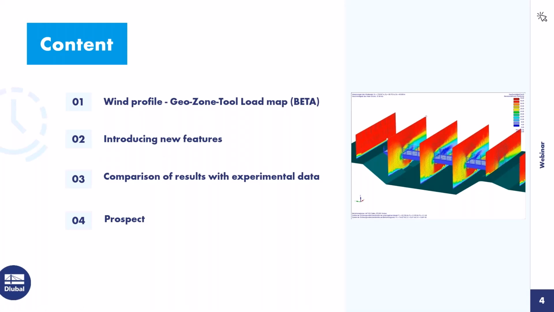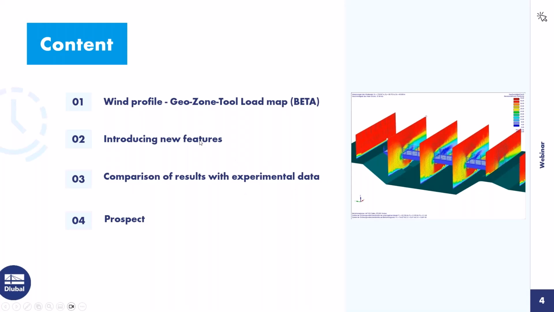The next part will be the introduction of new features. Whatever you missed in the update reports from versions 2.03 and 2.04, I'm going to present briefly some parts of these update reports that I feel are quite interesting for you to use in your wind calculation. Then the next part will be the comparison of results with experimental data.